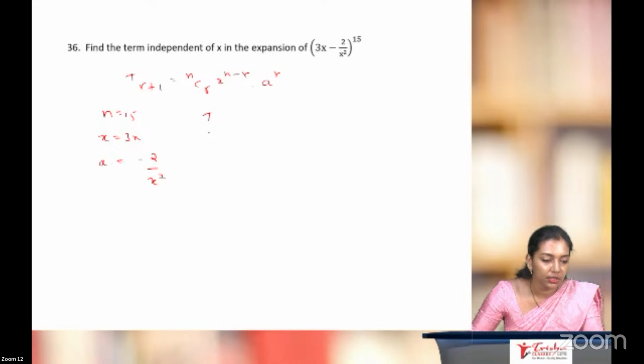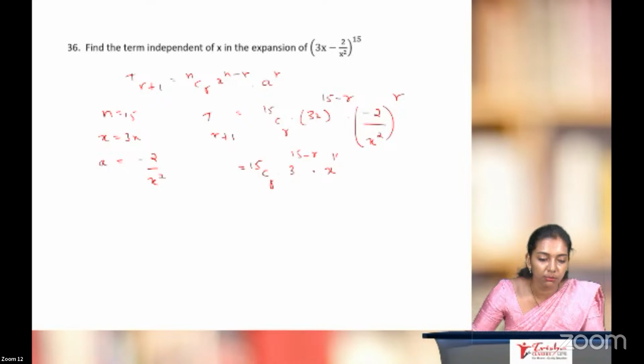So T(r+1) equals 15Cr into 3x to the power 15 minus r into minus 2 divided by x square whole raised to the power r. Now collect all the x terms. Then you can equate the power to 0. 15Cr 3 to the power 15 minus r into x to the power 15 minus r into minus 2 to the power r.